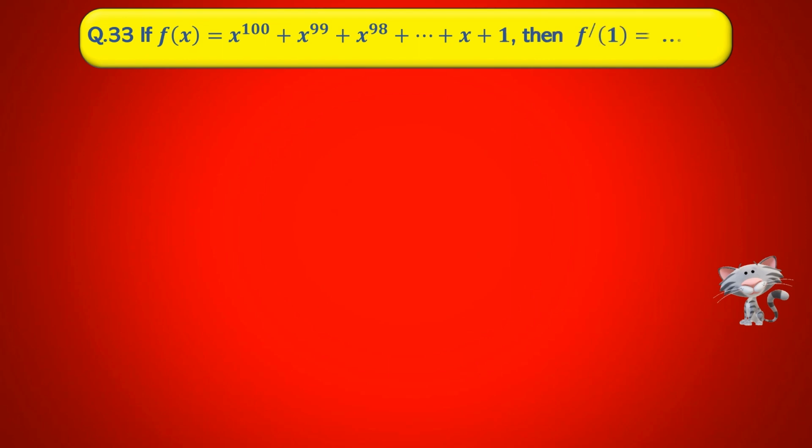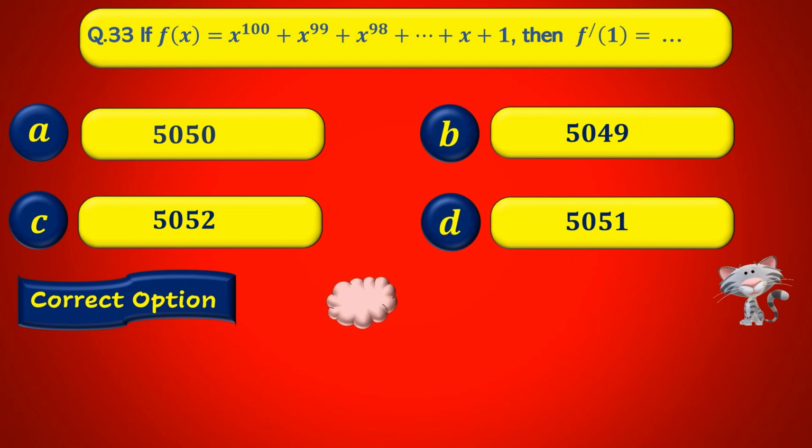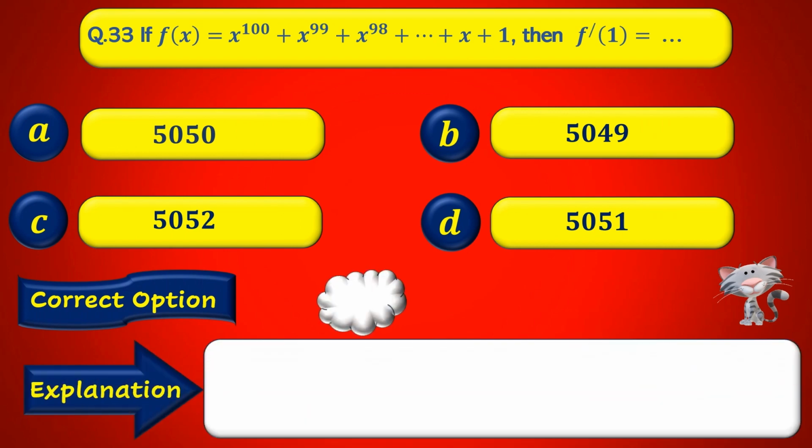Question number 33. If f of x is equal to this expression, then f dash 1 is equal to, and the options are, let's check out which one is the correct option. Here f of x is equal to x raised to power 100 plus x raised to power 99 and so on up to x plus 1. f dash x will be equal to 100 x raised to power 99 after applying the power rule, plus 99 x raised to power 98, and so on.